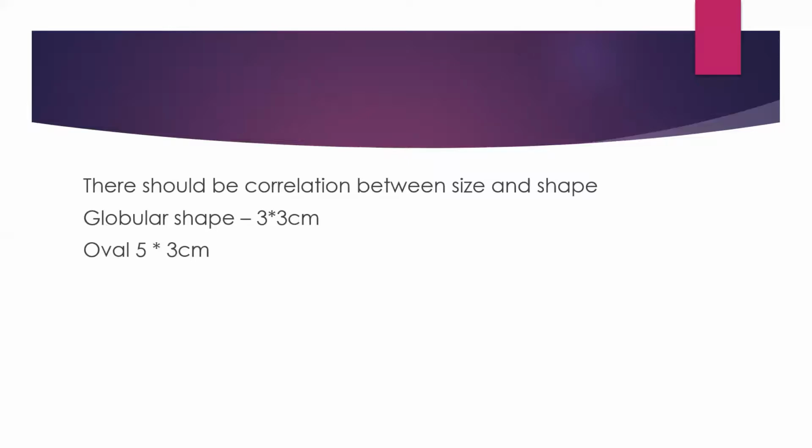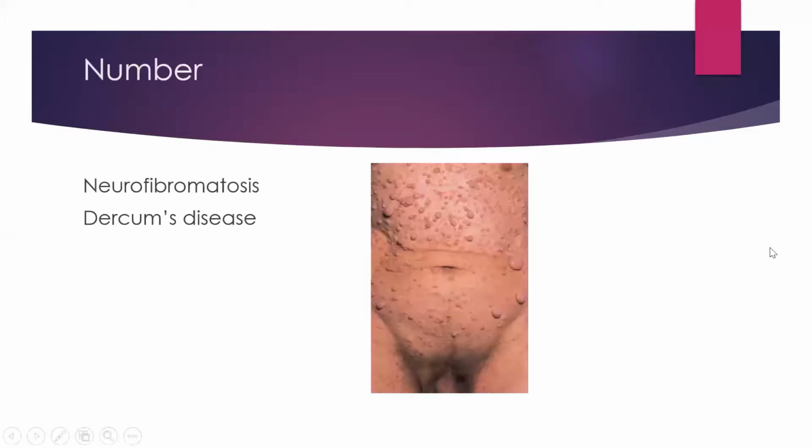So you may say 5 centimeter by 5 centimeter. Or in case of an oval swelling, if you say 3 by 3 centimeter, that would be wrong also. You might say 5 centimeter and 3 centimeter. So while describing, try to maintain a correlation between the size and shape.